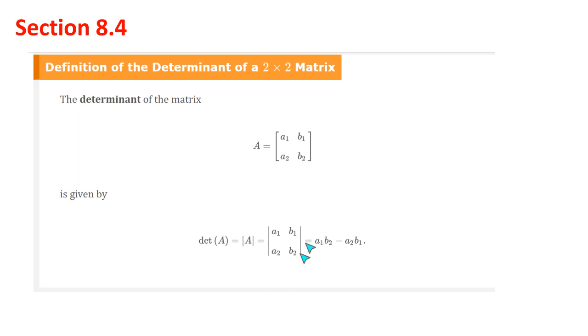When you're actually going to find it, we use vertical lines instead of the brackets. So the determinant is just found by multiplying A1 times B2 and B1 times A2 and subtracting. So it's A1 times B2 minus A2 times B1.